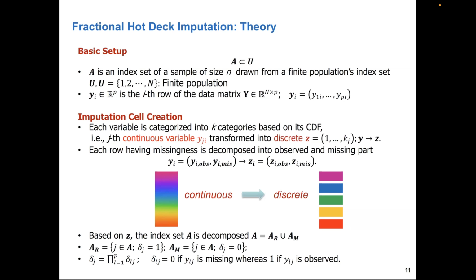I'll briefly skip the theory, but the heart of it is that when we have continuous data, for example one variable with continuous values, we discretize it into several categories. We tackle this discretized data set instead of the continuous one, because it's very difficult to deal with continuous data.